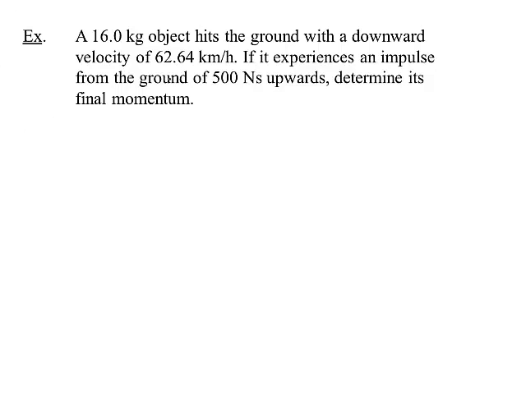We've got our initial velocity in kilometers per hour, and we've got newton seconds here, so we need to convert the kilometers per hour to SI units first. Initial velocity is 62.64 kilometers per hour down, indicated by the negative sign, and when we convert it to meters per second by dividing by 3.6, we get the initial velocity to be negative 17.4 meters per second.